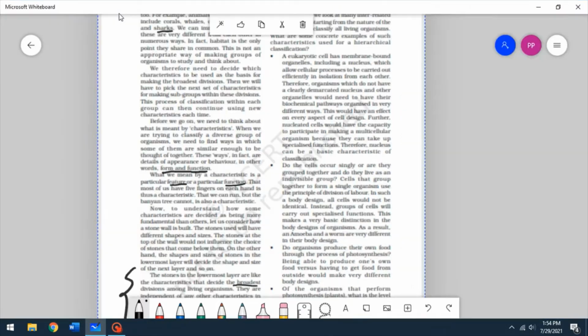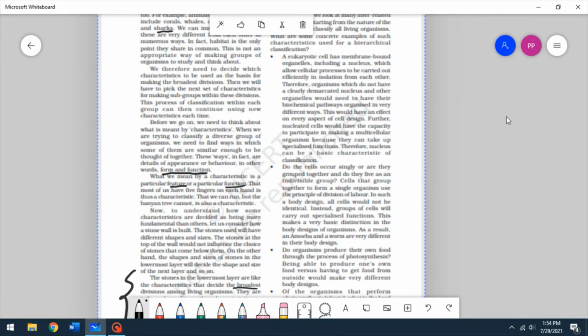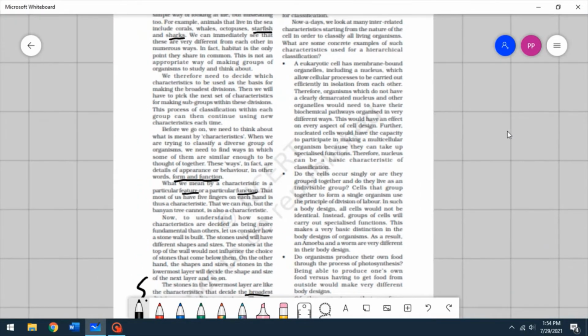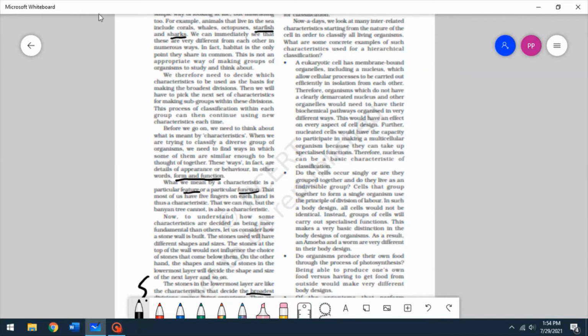We look at many interrelated characteristics, starting from the nature of the cell, in order to classify all living organisms. So what are some concrete examples of such characteristics? A eukaryotic cell has membrane-bound organelles, including a nucleus, which allows cellular processes to be carried out efficiently in isolation from each other.